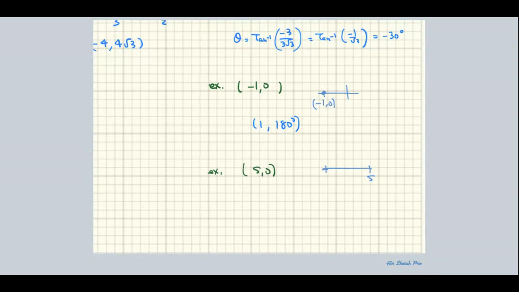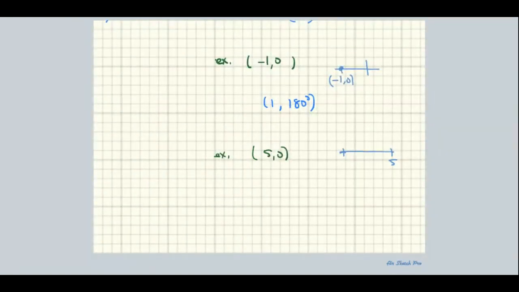The length is 5. On this one, this is 50, degrees or radians.